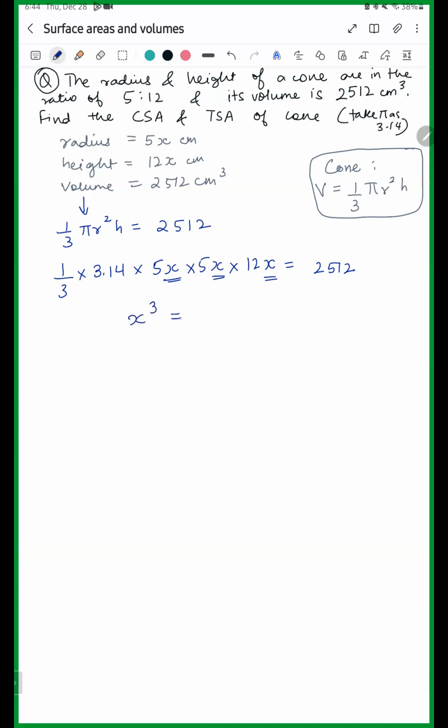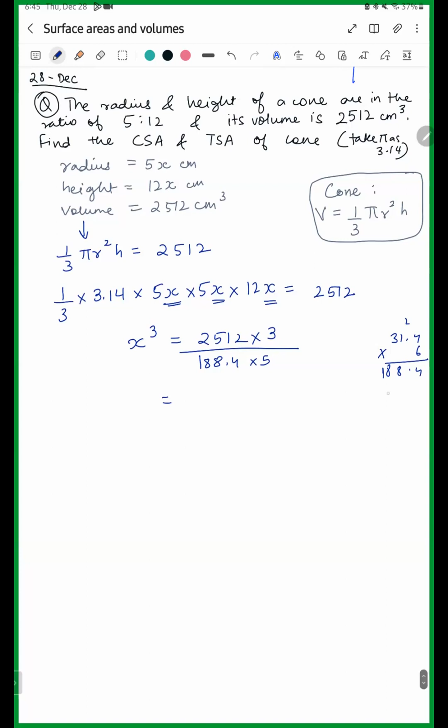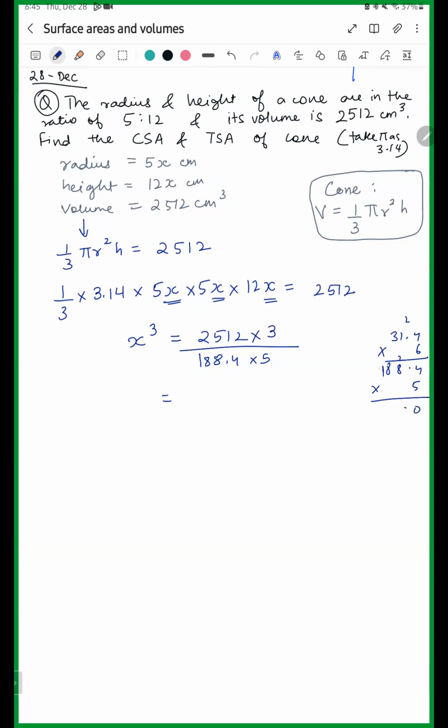Everything else we go to the right hand side. 2512 into 3 by 12, 5 is 60, 3.14. I'm just calculating it. 942.